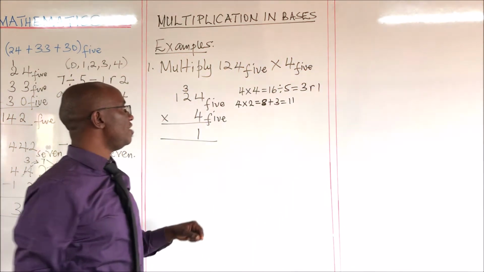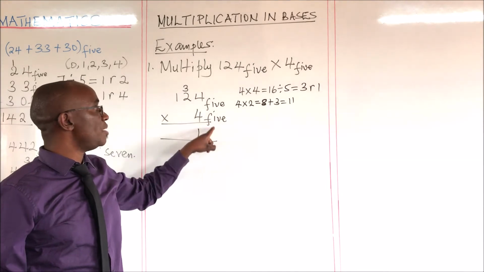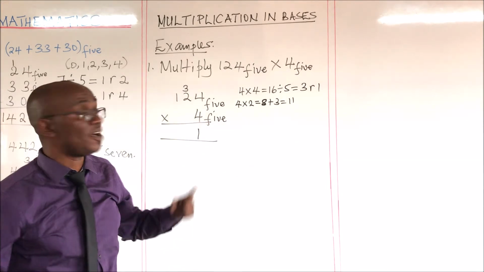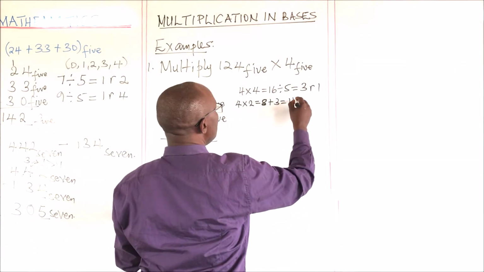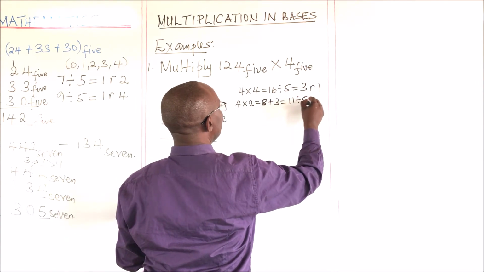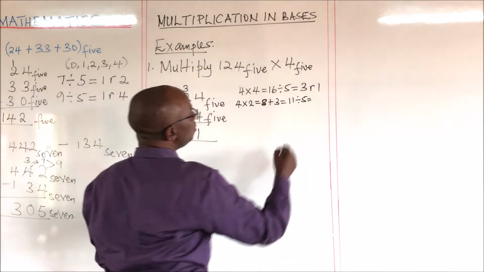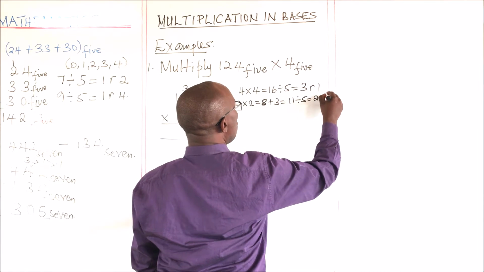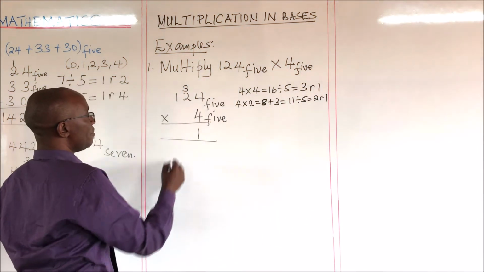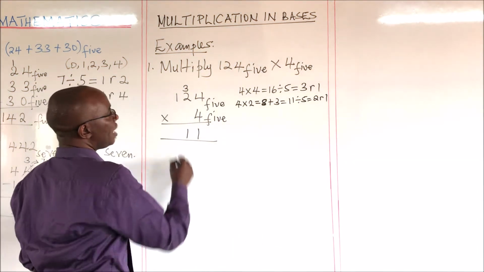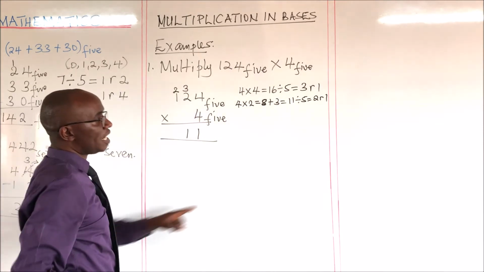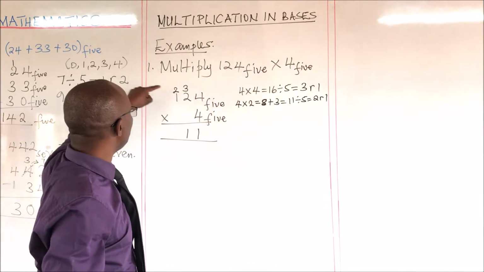But still, 11 is big. We cannot write 11 in base 5. So we change 11 to base 5 by dividing 11 by the given base, which is 5. 5 into 11 is 2 times, remainder 1. So we write the remainder and carry that 2 to the next place value.